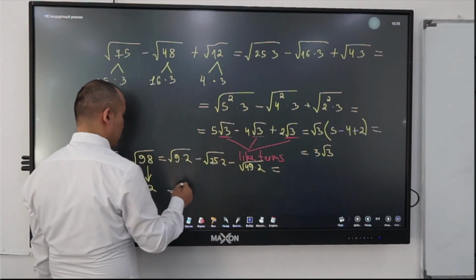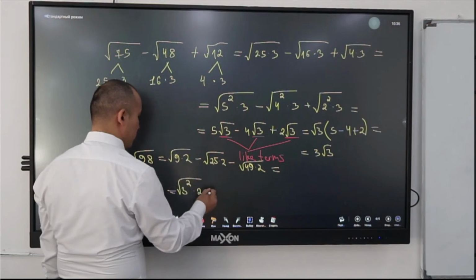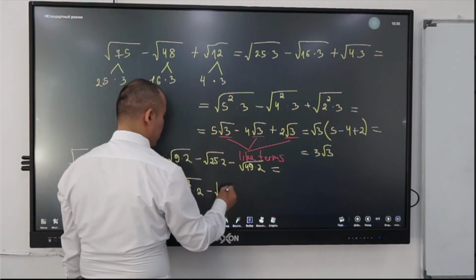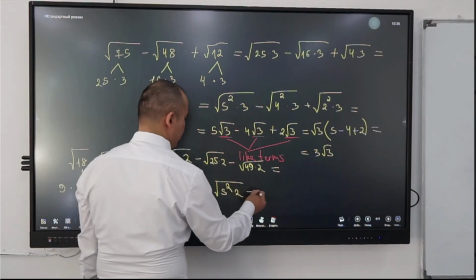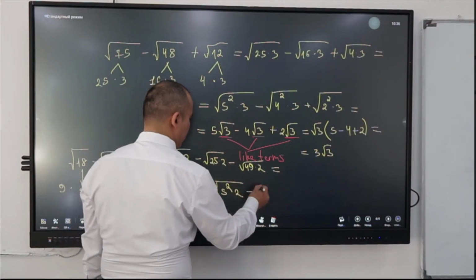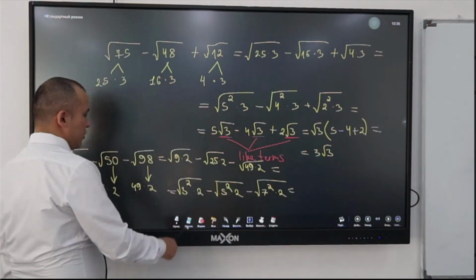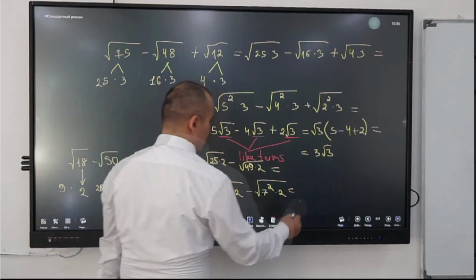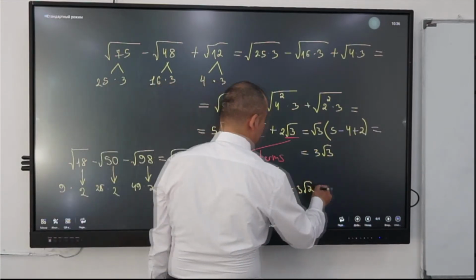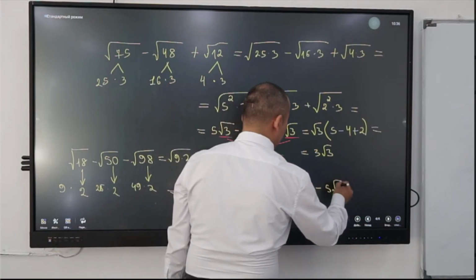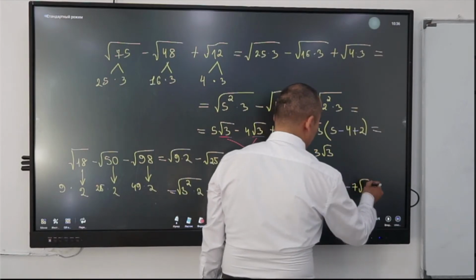9 will be 3 squared. So 3 squared times 2, minus 5 squared times 2, minus 7 squared times 2. So this will be 3 root 2 minus 5 root 2 minus 7 root 2.